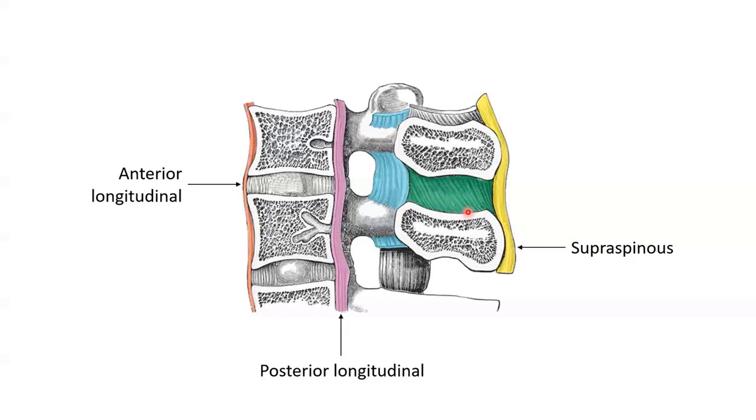So supra, because it sits superiorly or on top of our spinous processes. Now together, these 3 ligaments keep the vertebral column in alignment and allow for movement of these vertebrae, but without displacement of any of those individual structures.